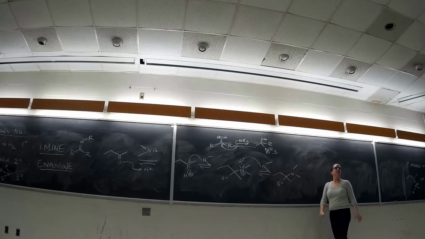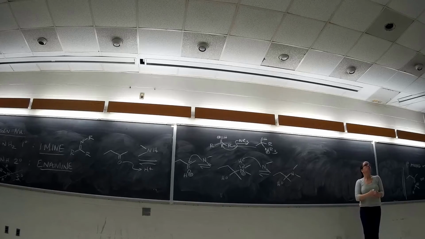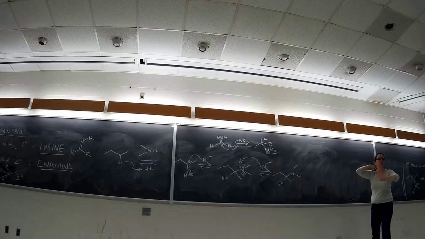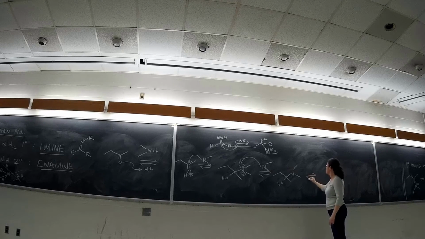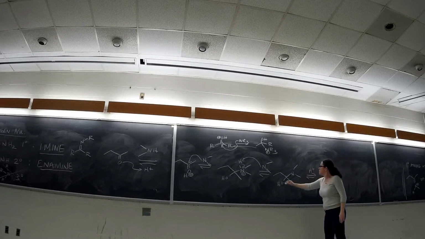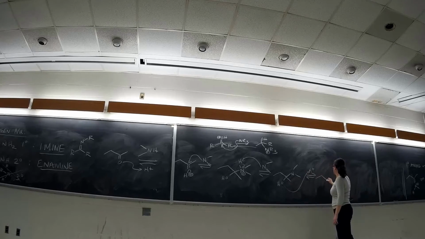The next step is, as before, protonation of the oxygen, right? If I protonate the nitrogen, I'm moving backwards. I'm moving in reverse. I'm trying to find something new and novel. So I have protonation of the oxygen here.